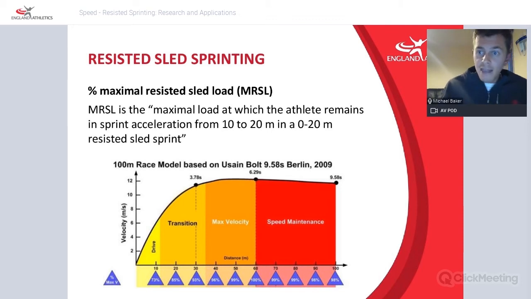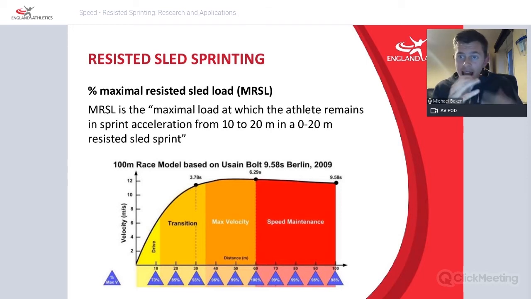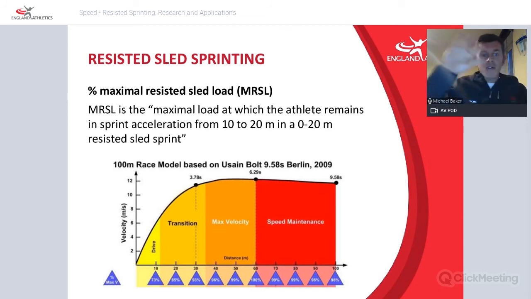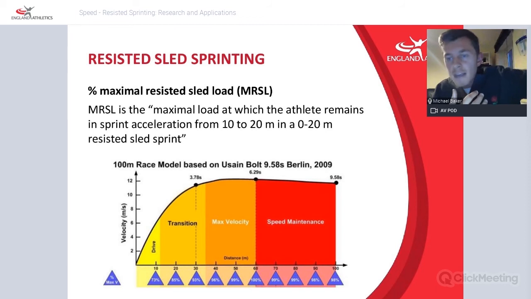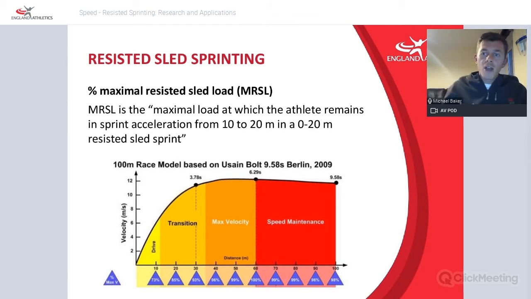What we can see from this is that when the athlete starts in that bottom left corner of the graph at 0, i.e. they're static, the athlete will accelerate through to somewhere between potentially 40 to 60 meters, potentially less depending on their ability. It might be that they accelerate up to 30 meters if they're slightly younger or don't have such a high top end speed. But in essence, we get this acceleration curve, which rises, and then at some point starts to plateau as the athlete moves towards their maximum velocity phase.